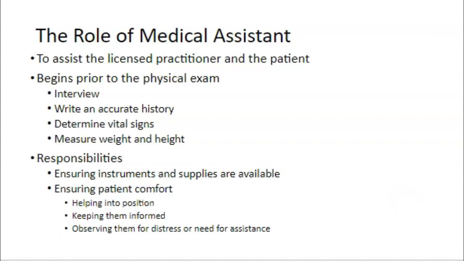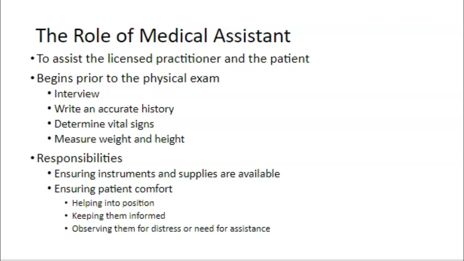Okay, so when we actually focus on the role of the medical assistant, we're looking at, as I've said before, a dual role. You're looking at being able to assist the licensed practitioner or the clinician during the exam, as well as the patient. If the patient needs to be helped into a different position, if the patient's nervous or scared, you might even just sit and hold that patient's hand while the doctor's doing the exam or the clinician's doing the exam.